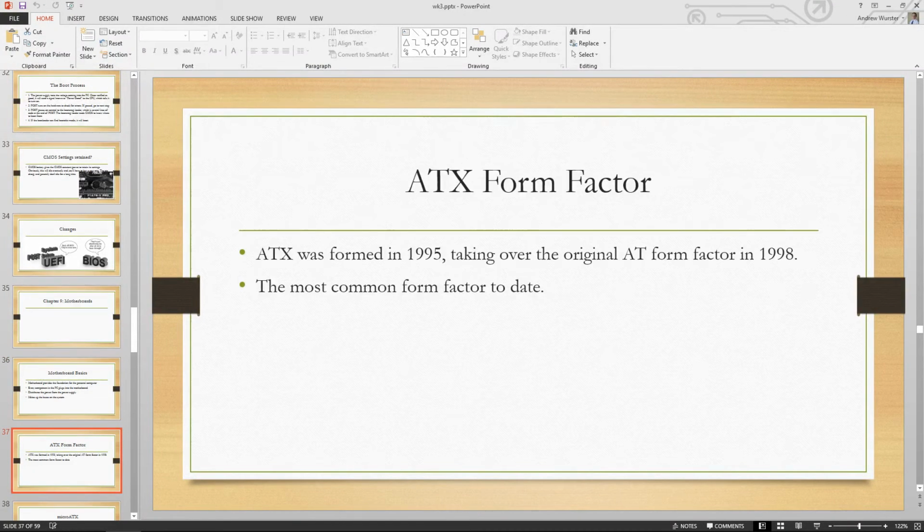So the ATX form factor was created in 1995, taking over the original AT, which was in 1984. I've actually seen the AT form in my old Xbox. That was kind of cool, because you never see those. But they didn't need anything fancy in those.